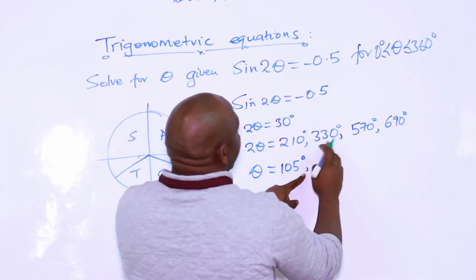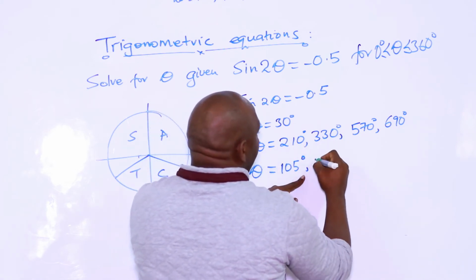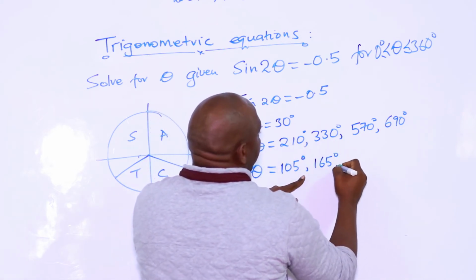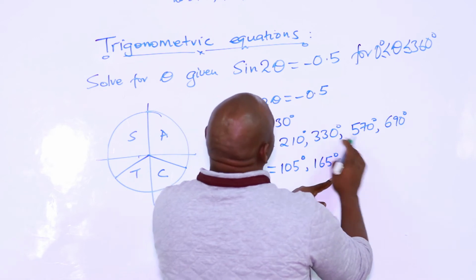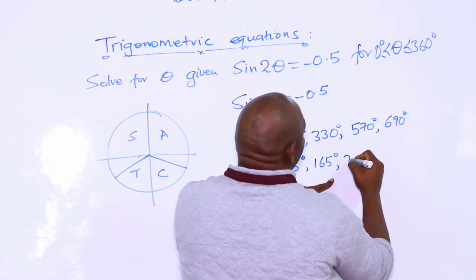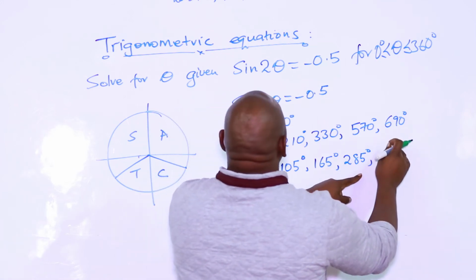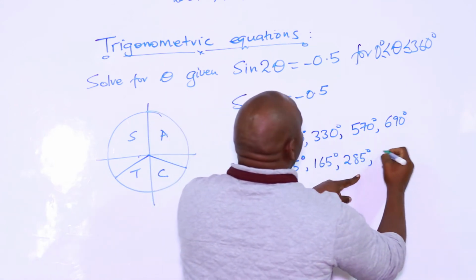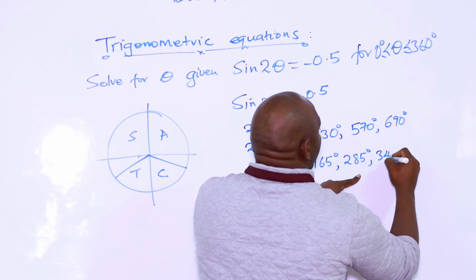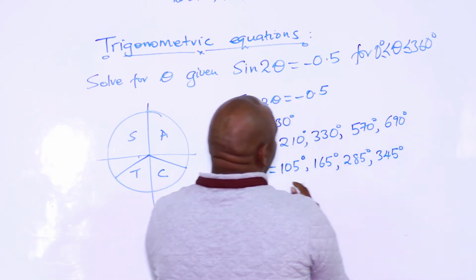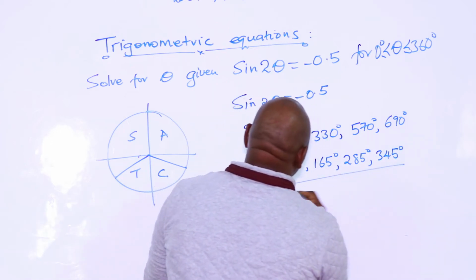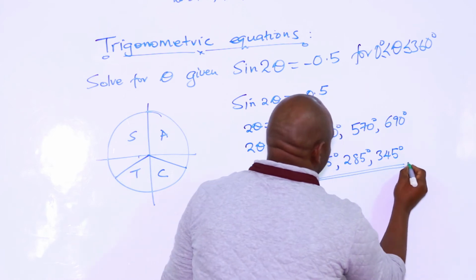The other one is 330 divided by 2 to get 165 degrees. The other one is 570 divided by 2 to get 285 degrees. And the other one is 690 divided by 2 to get 345. And all the four answers are the possible values for theta.